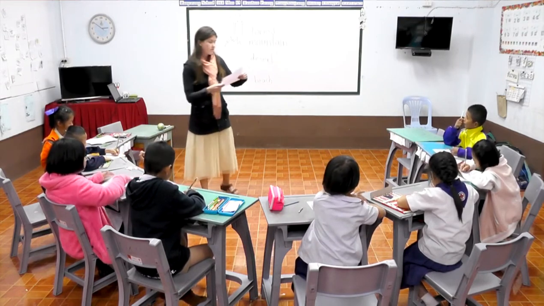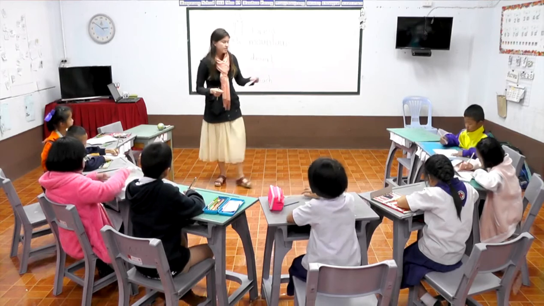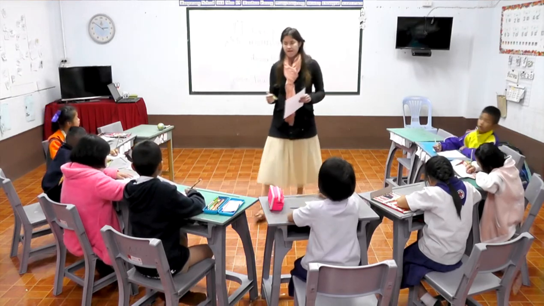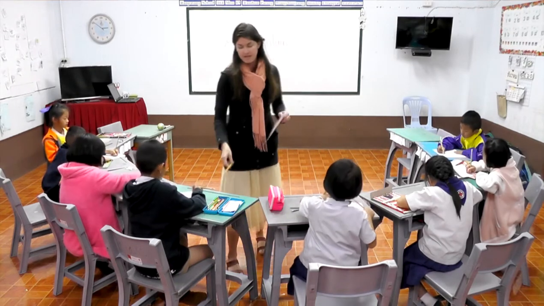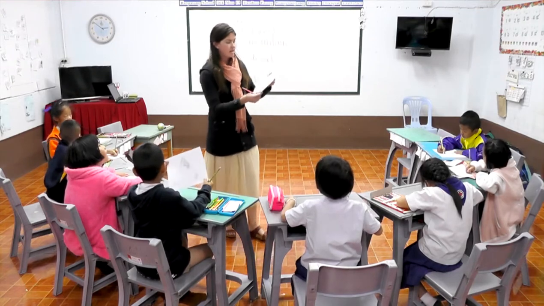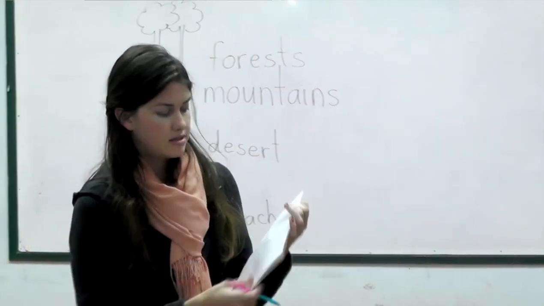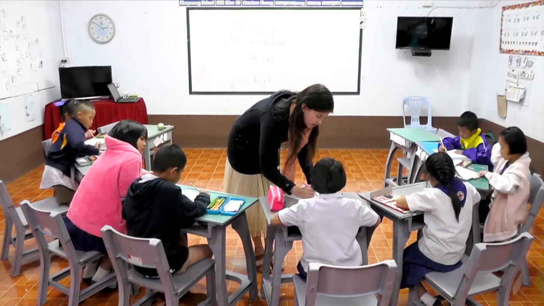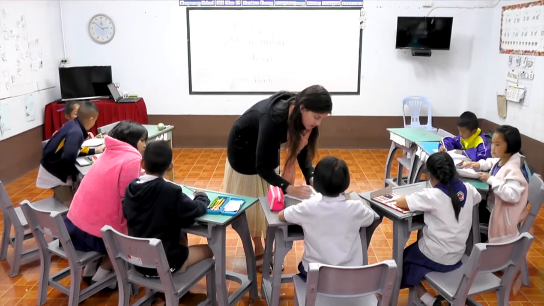Very nice. Next we are going to do, listen up friends, next we're going to do forests. And there's some very, very big forests in South America. It's kind of a funny shape here. So we can put it right along here or along here.